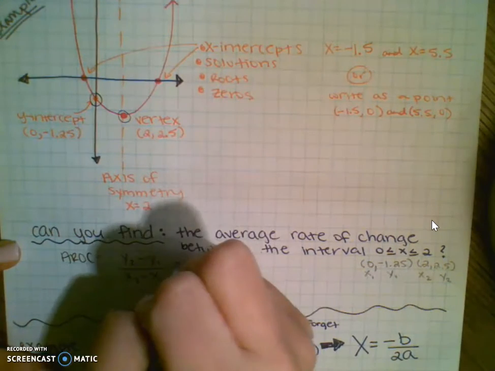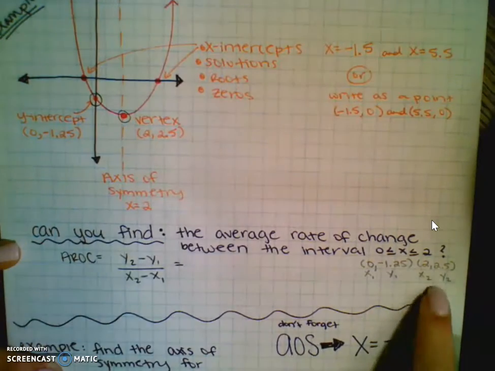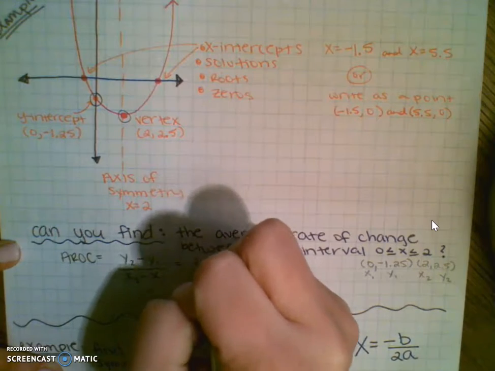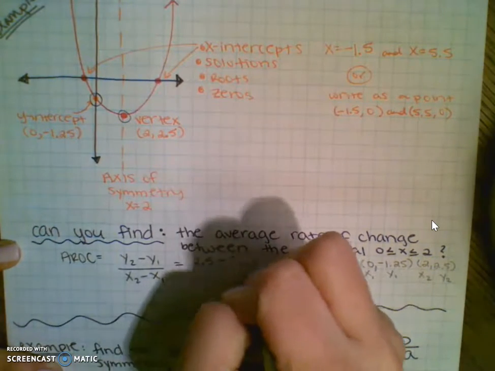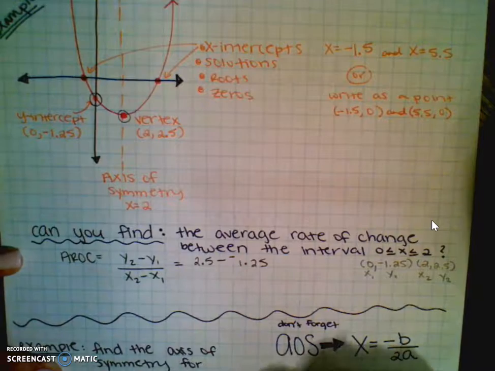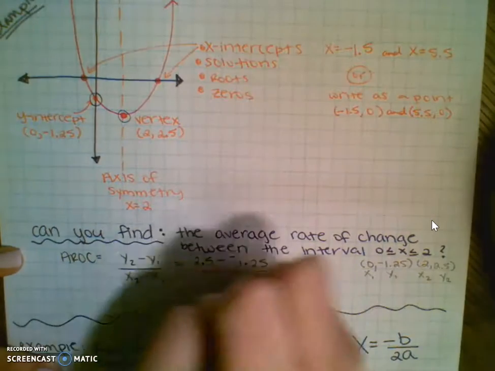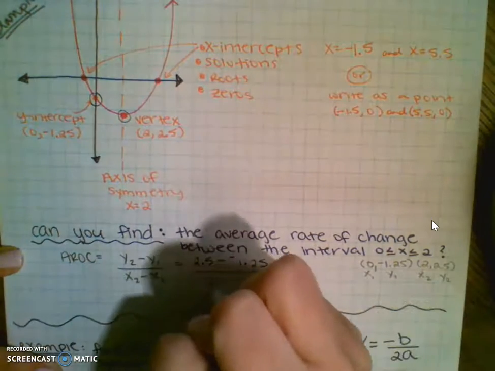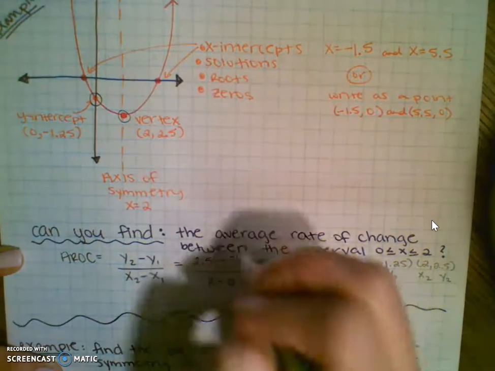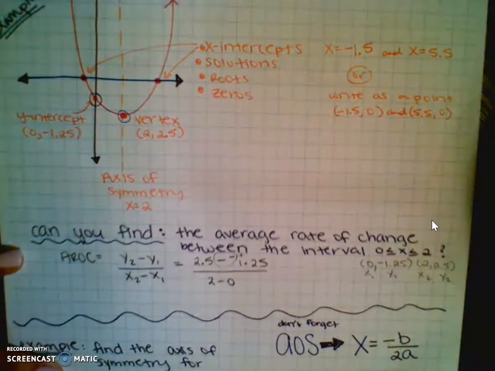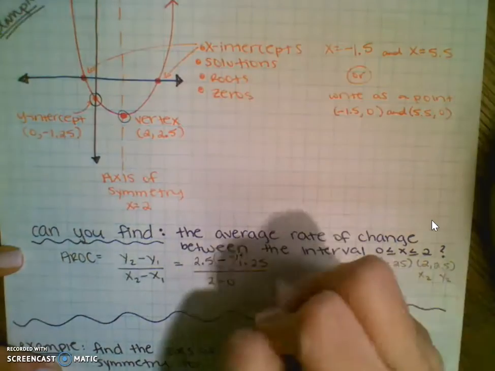Okay, so if I plug that in, that'd be 2.5 minus a negative 1.25 over 2 minus 0. Okay, don't forget two negatives make a positive. Okay, if you do forget though, use your calculator.